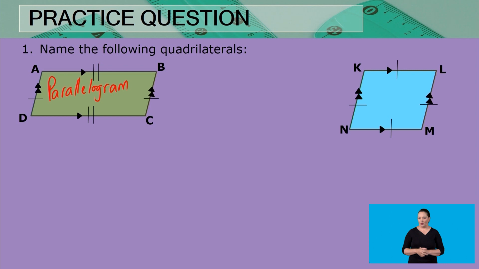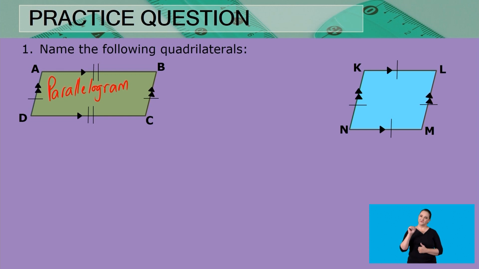Now, for the fact that it has two pairs of opposite sides that are parallel, that makes us think of a parallelogram. But now, this is a special parallelogram. And why is that? That is because of all of the sides being equal. So all four sides are equal. So what quadrilateral are you thinking of?